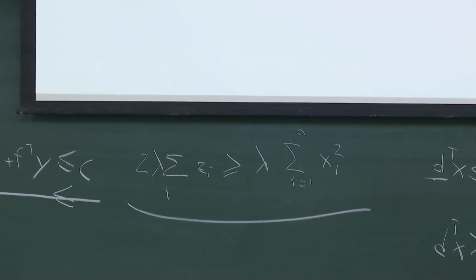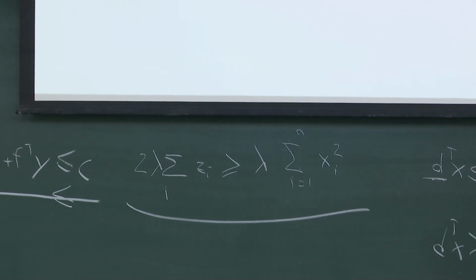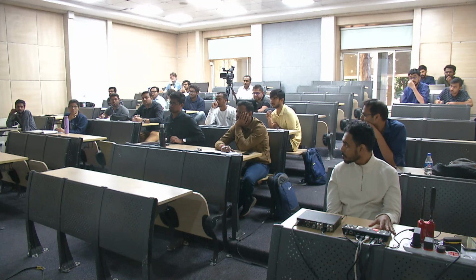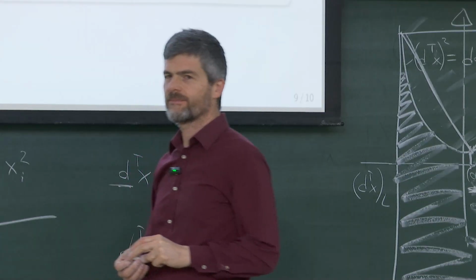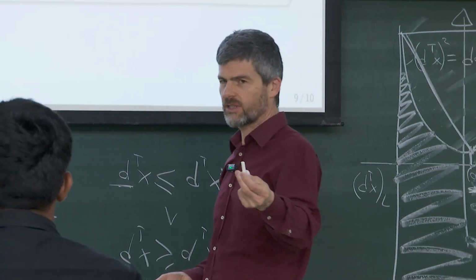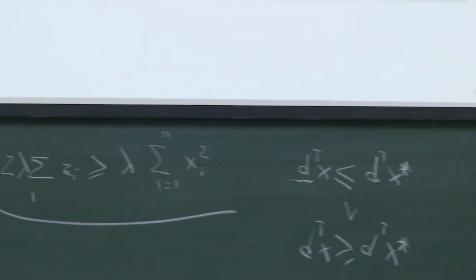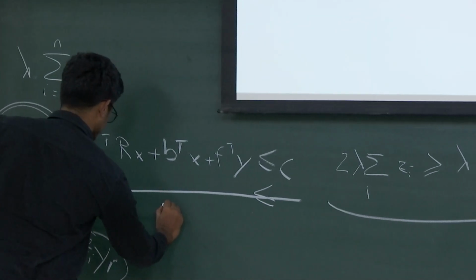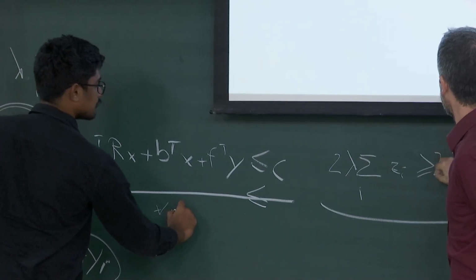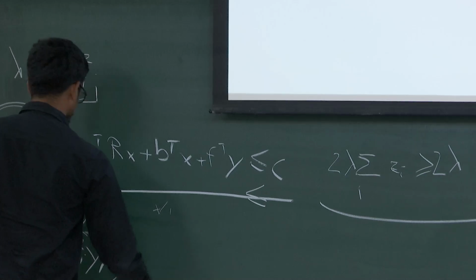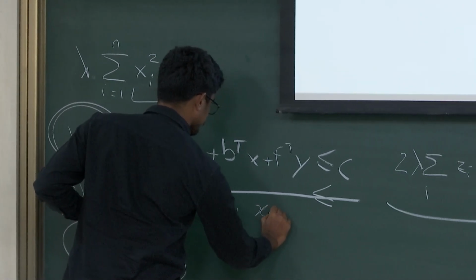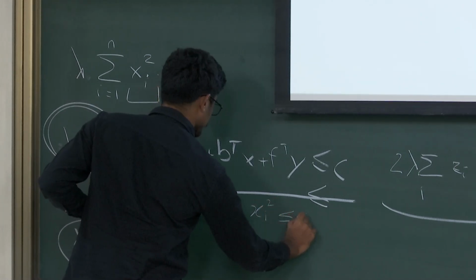Say it again. Use the second constraint? Yes. How? Do you want to write it? Did you use y for your proof? I'm not sure I understood the proof. So for every i, sorry, this is a 2, by the way, we will have xi squared that will be less than or equal to 2zi.